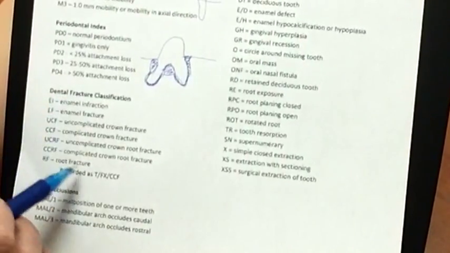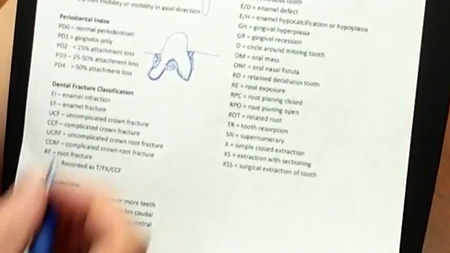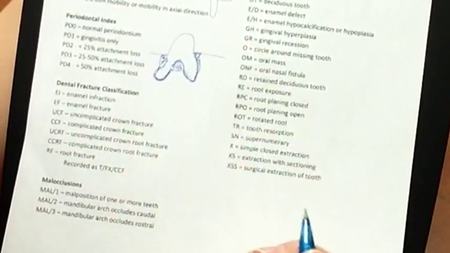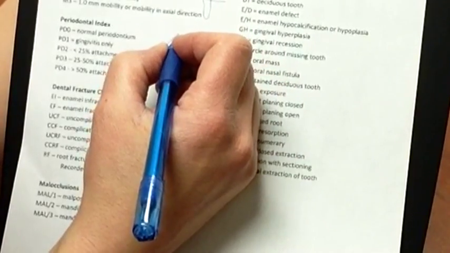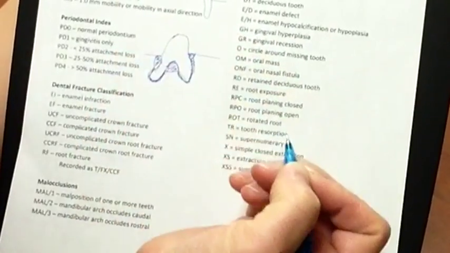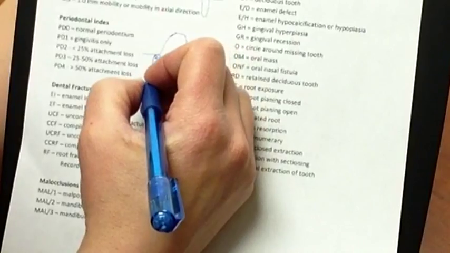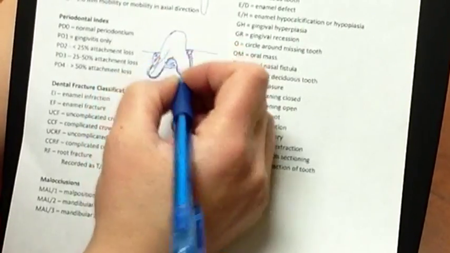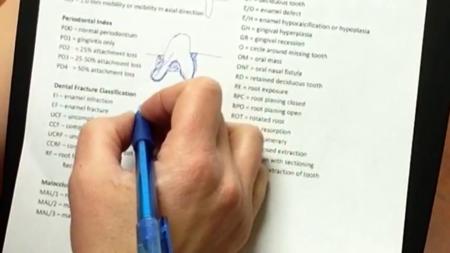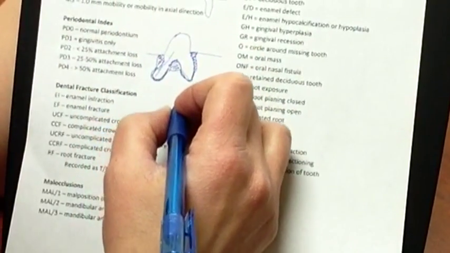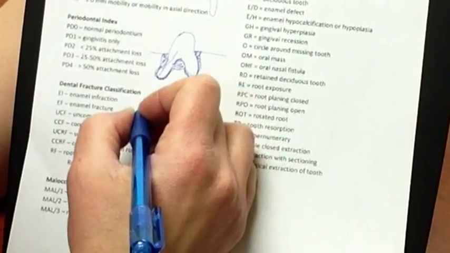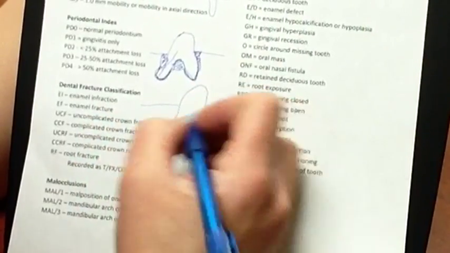Next we're going to talk about fractures. We have enamel fractures. So if I go back to this tooth up here, that would be a fracture that is just within the enamel. Let me draw in some dentin and pulp to help. This isn't working. Let me try a new tooth for you. Here's another tooth. Okay, there's your tooth.